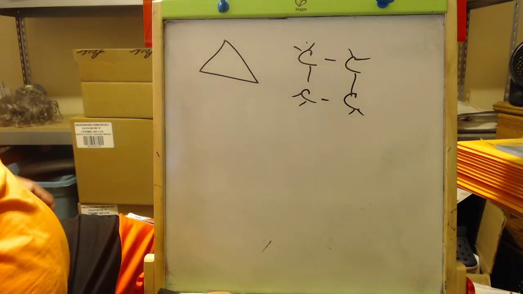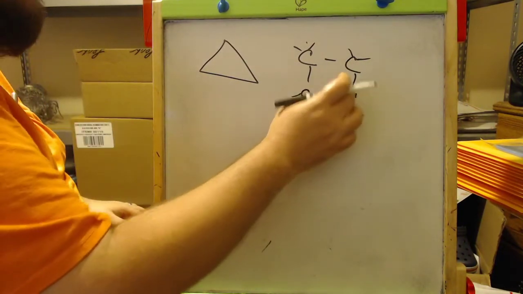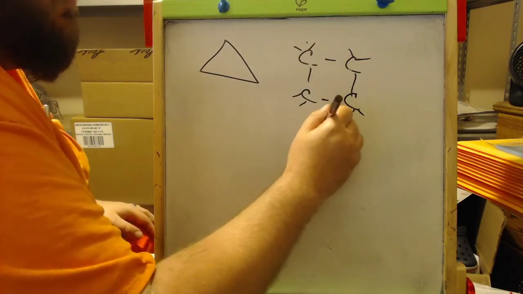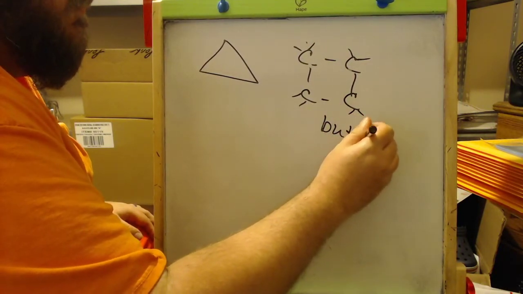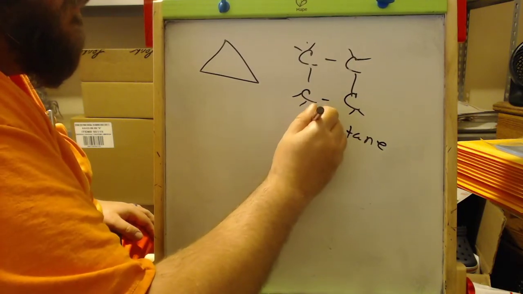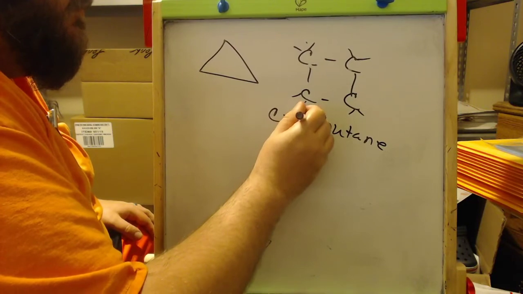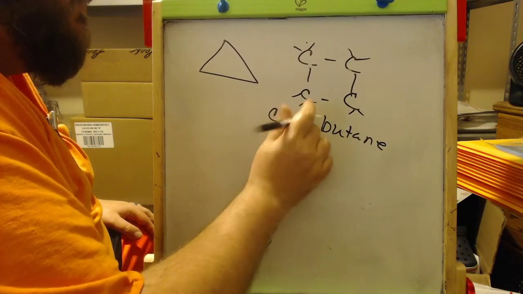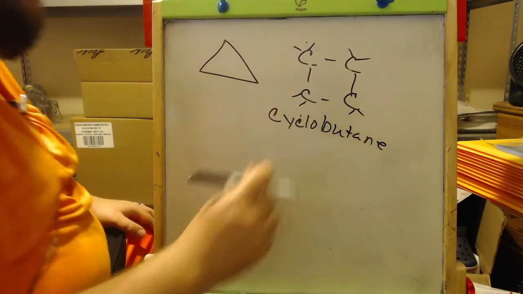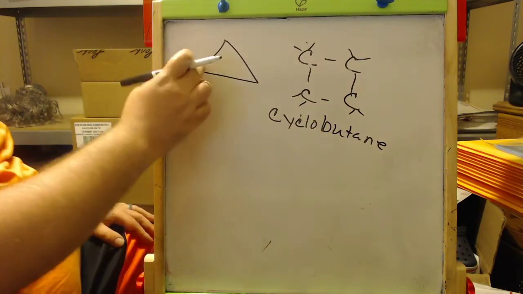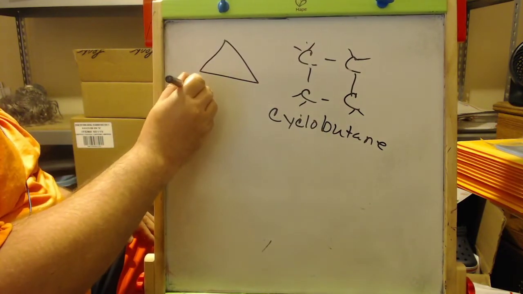You still count the carbons in the longest chain, 1, 2, 3, 4, butane, and you put the word cyclo in front of it. So this is cyclobutane. This is 3. This is cyclopropane.